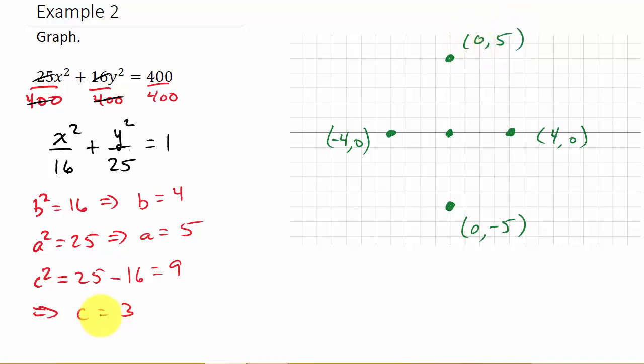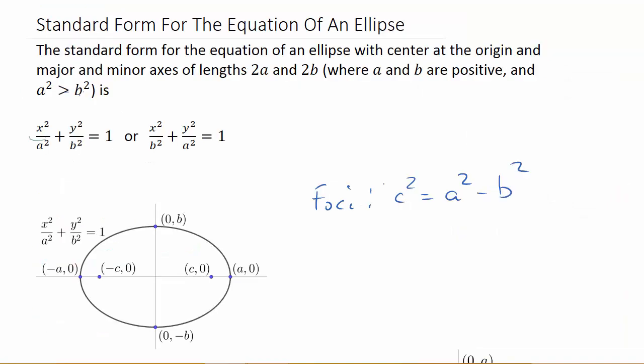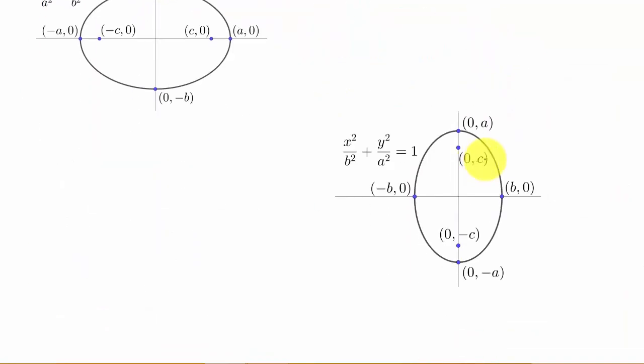All right, and then let's go ahead and plot our foci. So that's here, just like right here. See, c is our y because our major axis is vertical. So there's your c. That tells you how to move on the y.